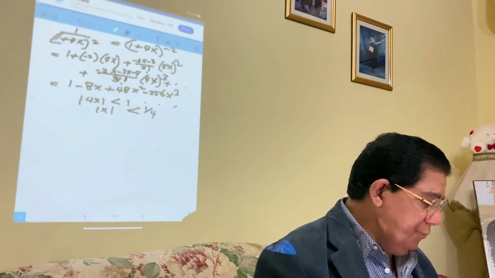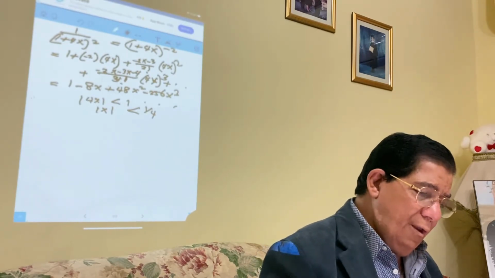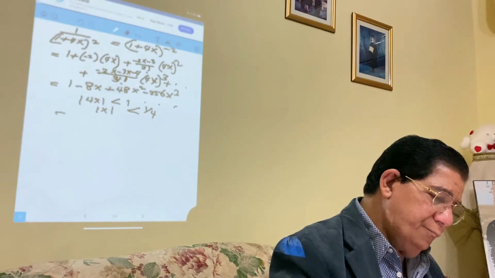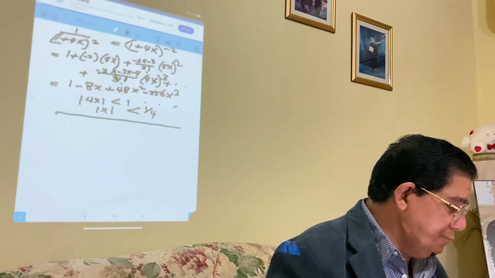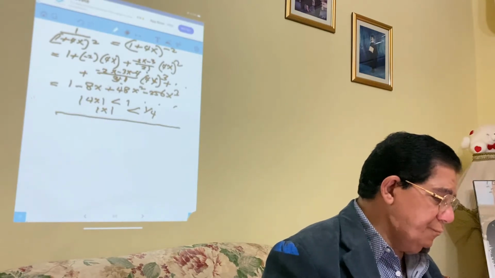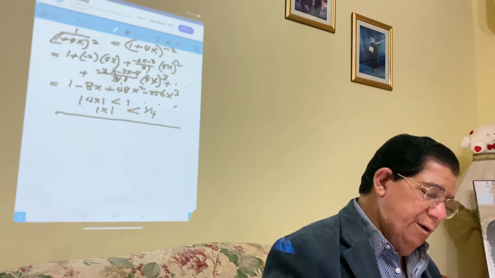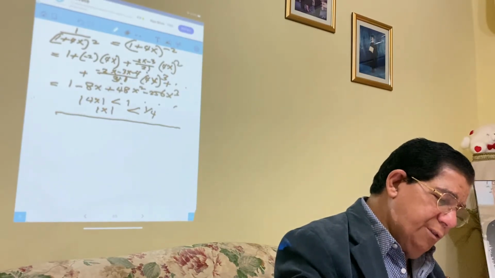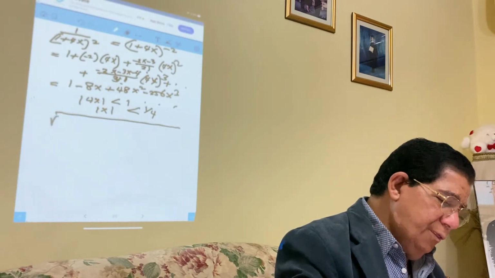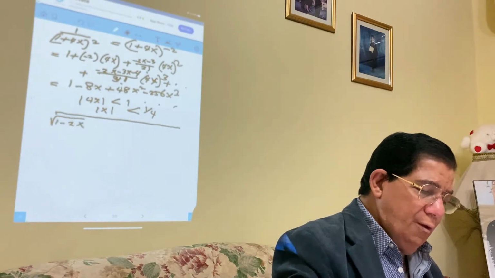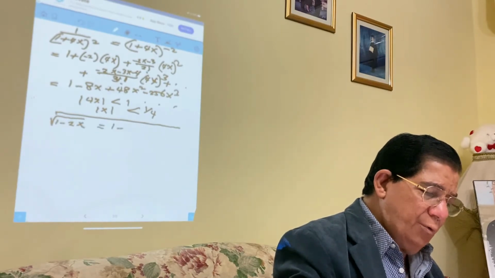Now, let us have a very interesting example. It says we want to get the expansion of the square root of 1 minus 2x, which means 1 minus 2x to the power half.